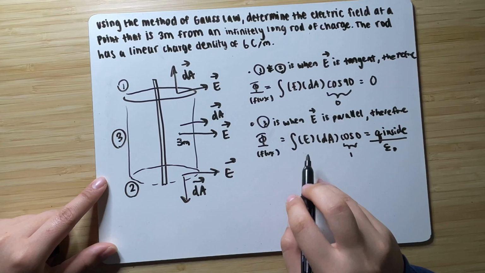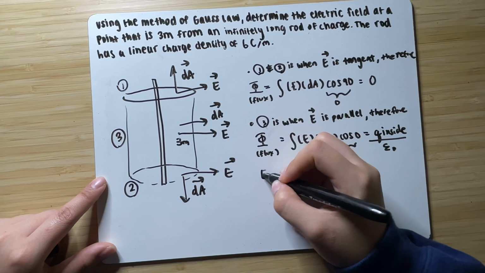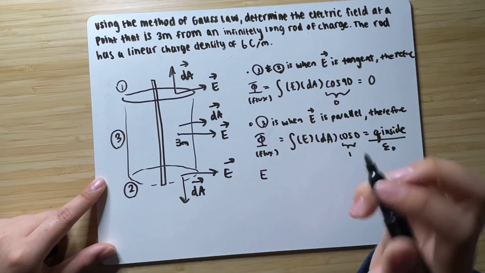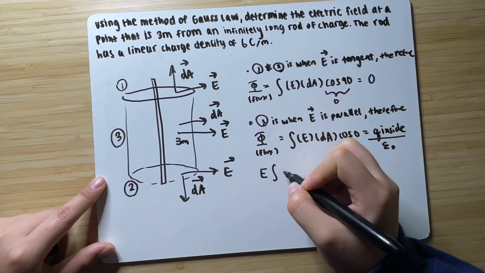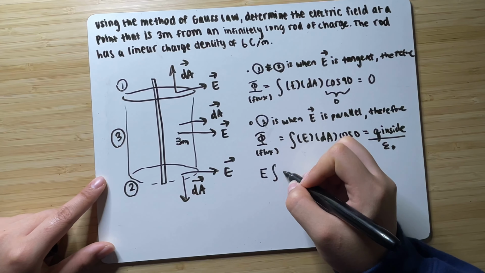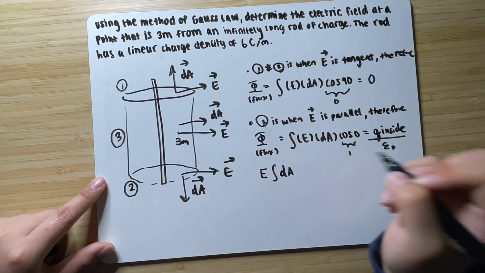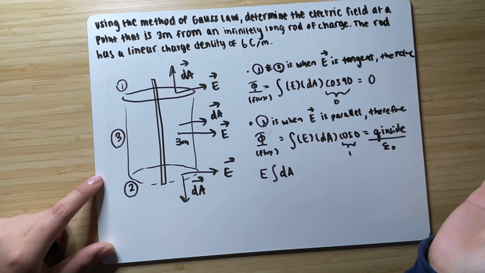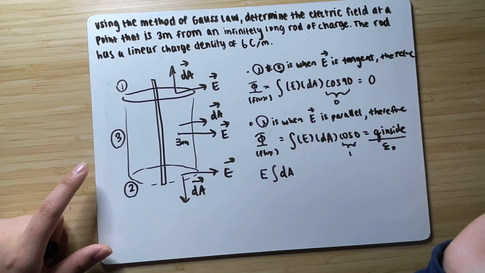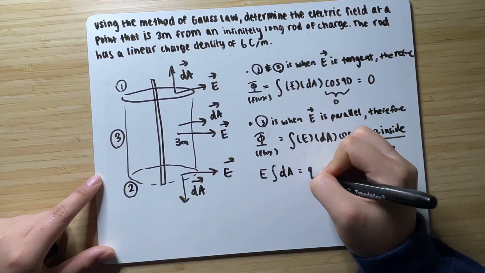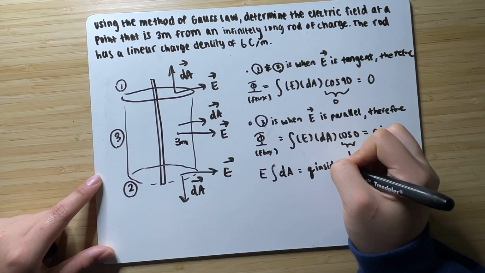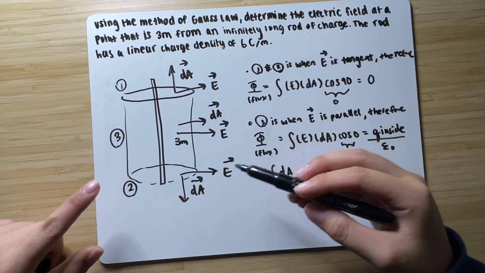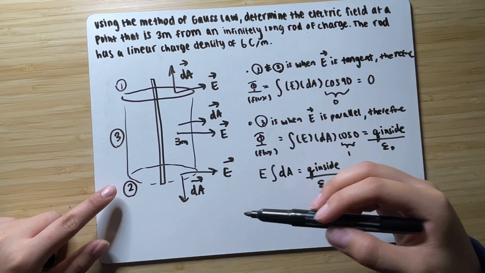So with this, we can simplify. We can pull E out. Flux is going to be equal to E times the integral of dA. Cosine goes away because it's just 1. Anything times 1 is itself, okay? Equal to Q inside over epsilon naught. Now, looking at this shape, we have a cylinder here.